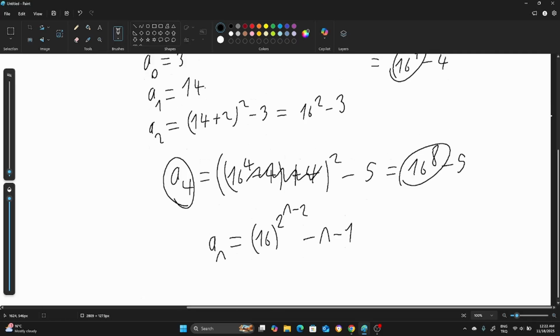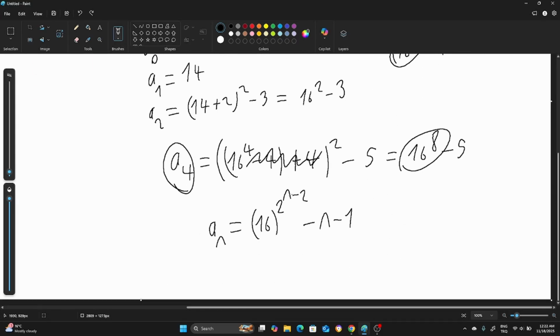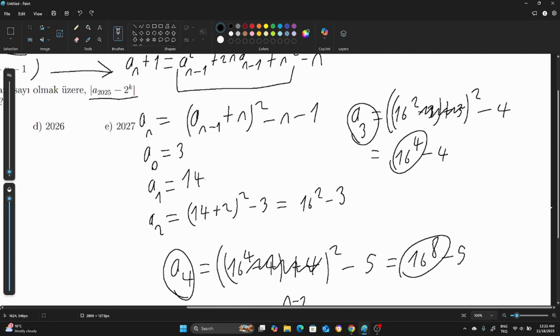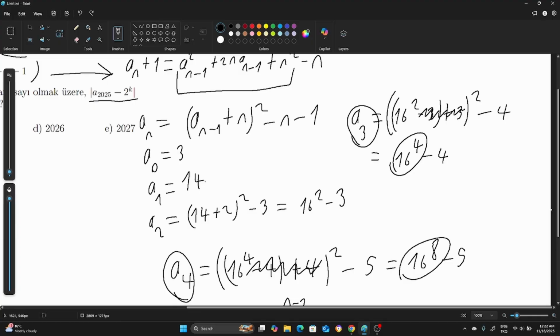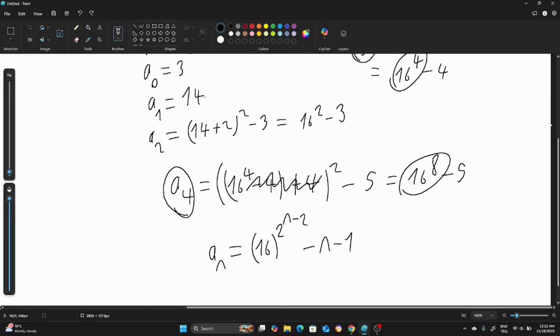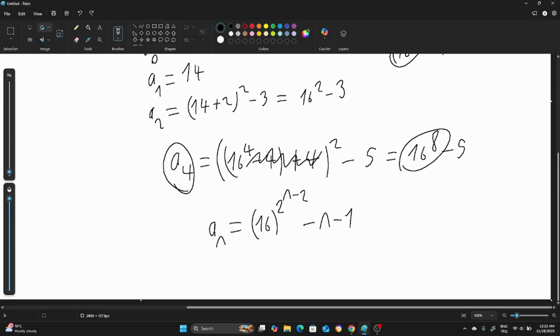Yeah, because, for example, if n equals 3, right, I think this is gonna be 1. I think I made a mistake here.